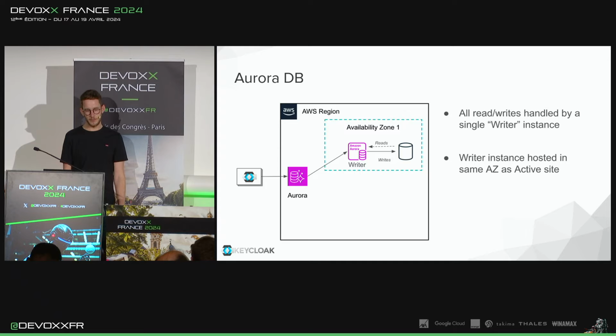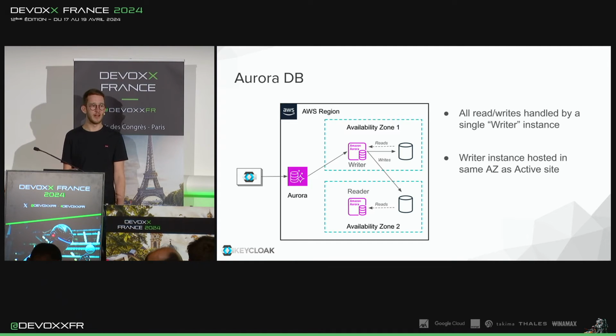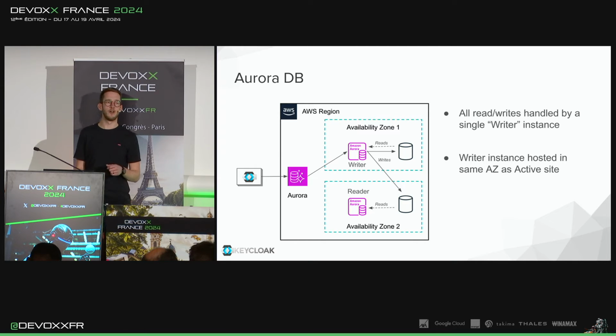But the interesting thing about Aurora is that when we perform a write operation, the writer instance ensures that not only is a data copy written to availability zone 1, but it's also written to availability zone 2. This all happens synchronously, so when the write completes and Keycloak gets a response, we know that our data is replicated on both availability zones.